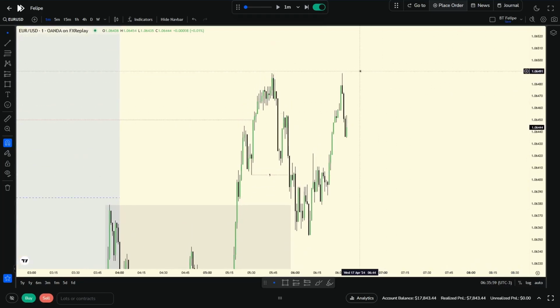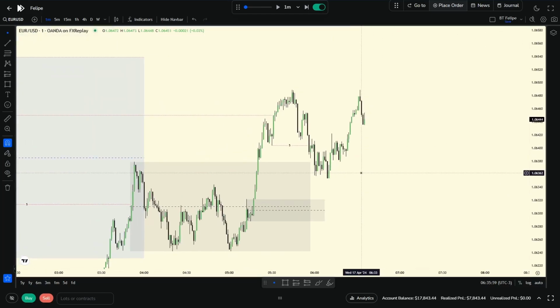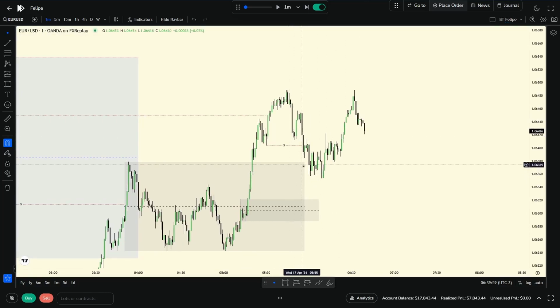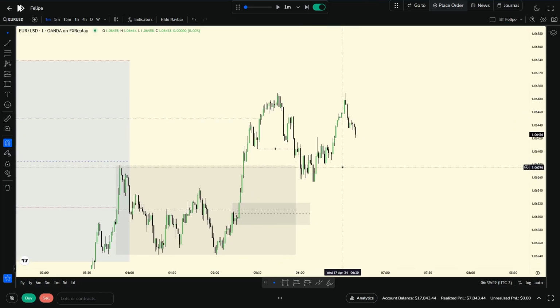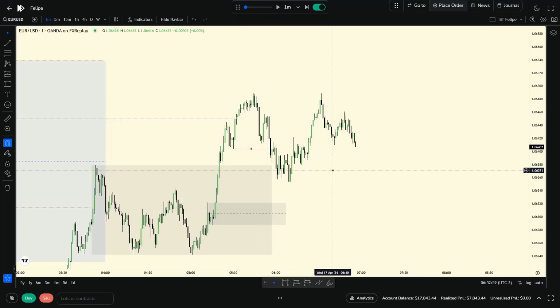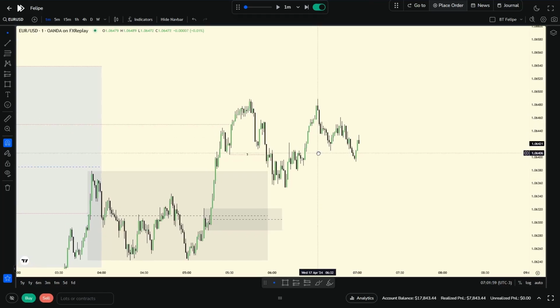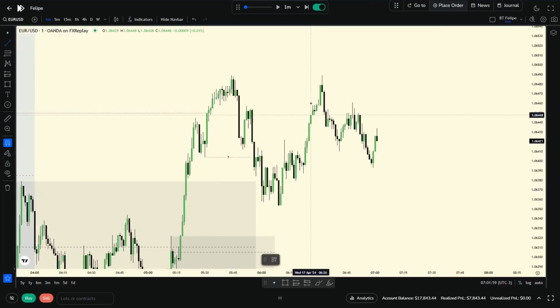Go highs. Just tapped the beginning of the POI but didn't give any manipulation, too long. Oh, I didn't see this.